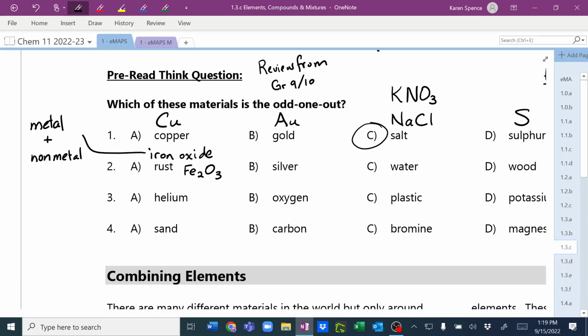However, all the blue ones on that periodic table are metals. All the purple ones are metalloids, and all the pink ones are non-metals. And iron is kind of in the middle of the blue section, and oxygen's up on the top right-ish area. Okay? So we have a metal and a non-metal, and that gives us an ionic compound.